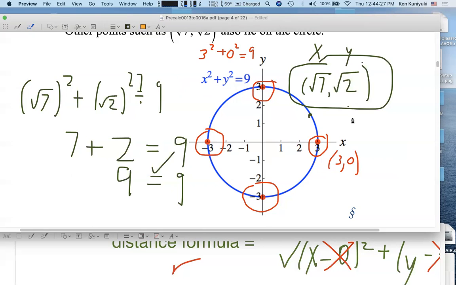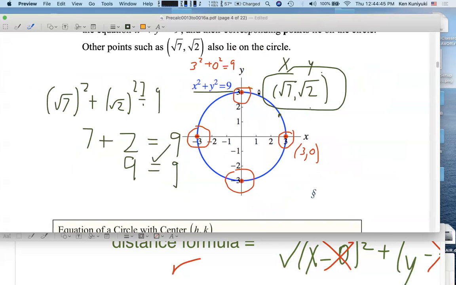Don't discriminate against this point just because it has non-integer coordinates. Yes, the coordinates are irrational, but they are real. They do count. This circle has infinitely many solution points. And there are infinitely many distinct ordered pairs that satisfy this equation. By distinct, I mean different.